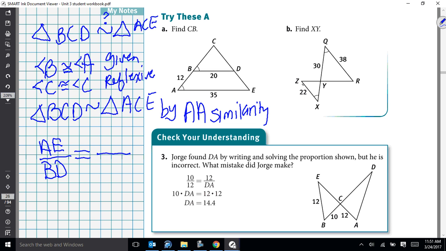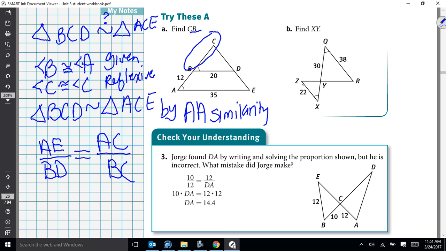And what's the other side look like? Our goal is to find CD, which is this right here. Over these. So we have big triangle on top, little triangle on the bottom, right?